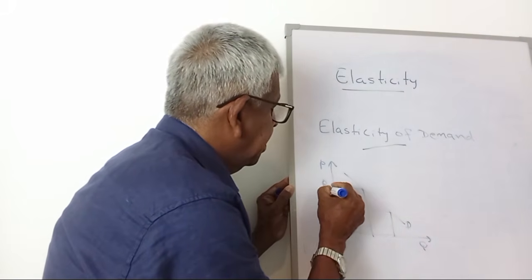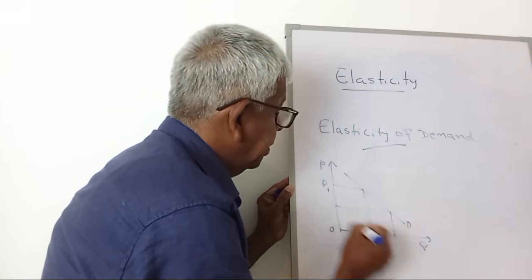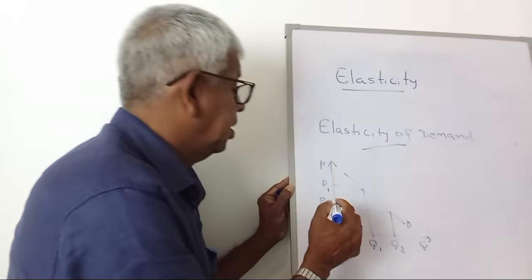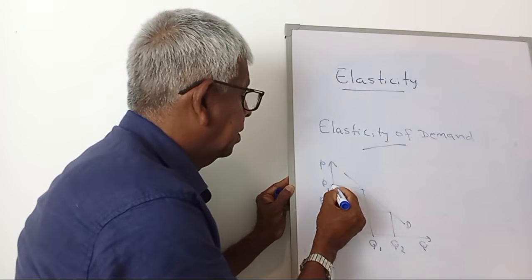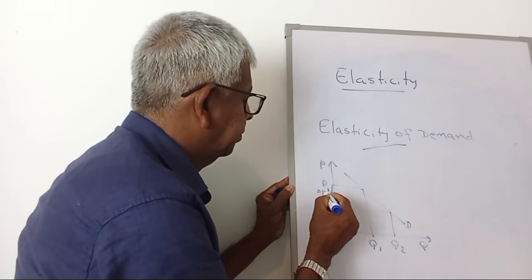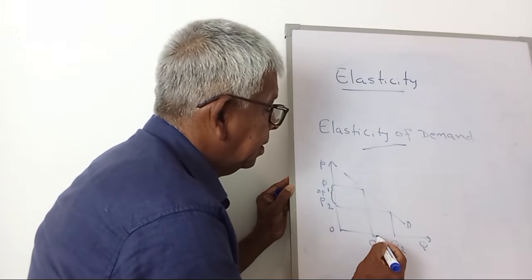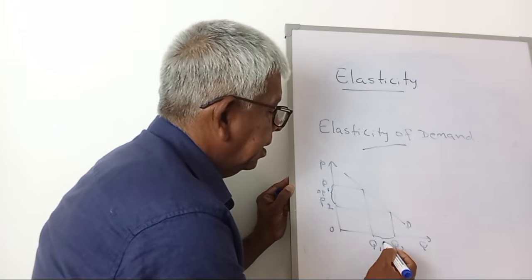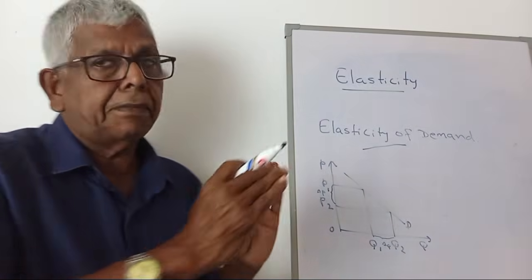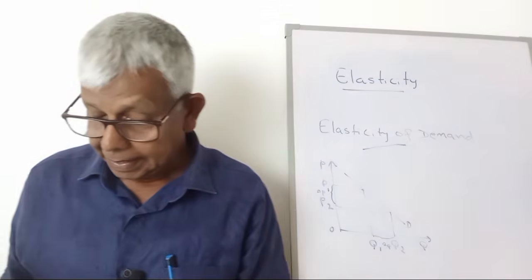P1, Q1, P2, Q2. This is delta P. This is delta Q.